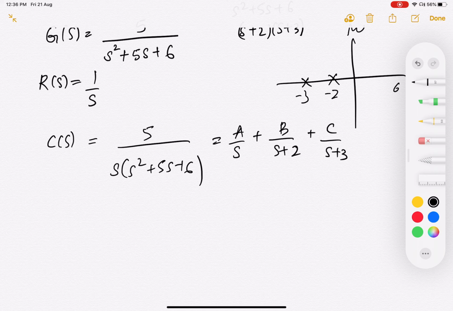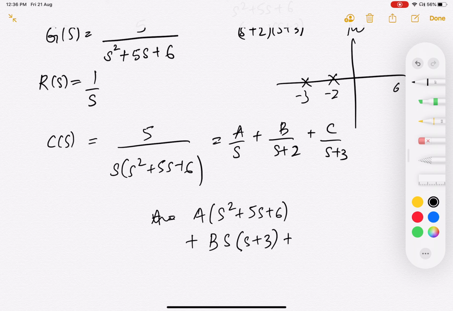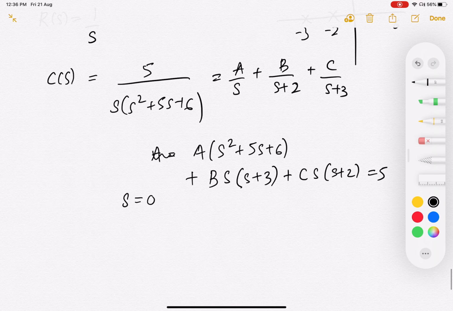And I can find out the values for A, B, and C. So A is going to be, if I compare the numerators, I get A into s square plus 5s plus 6 plus B into s into s plus 3 plus C into s plus 2 is equal to 5. Now substituting s is equal to 0 in this gives me 6 times A is equal to 5. So A is 5 by 6.